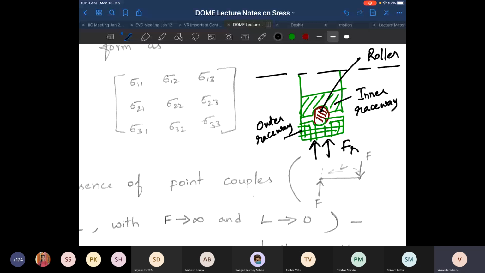What do you think would be the nature of stress within the rollers and the raceways? Sir, it seems to be like a compressive stress situation. It is compressive, but do you think it is going to be a uniaxial compression stress? No, sir, because the support is like circular in area. So, in this particular problem, material would be subjected to a three-dimensional state of stress, correct?